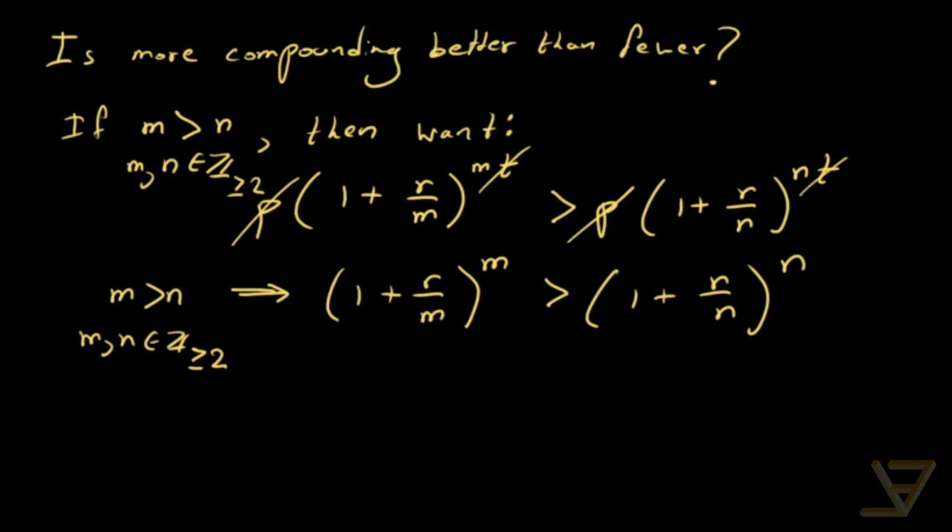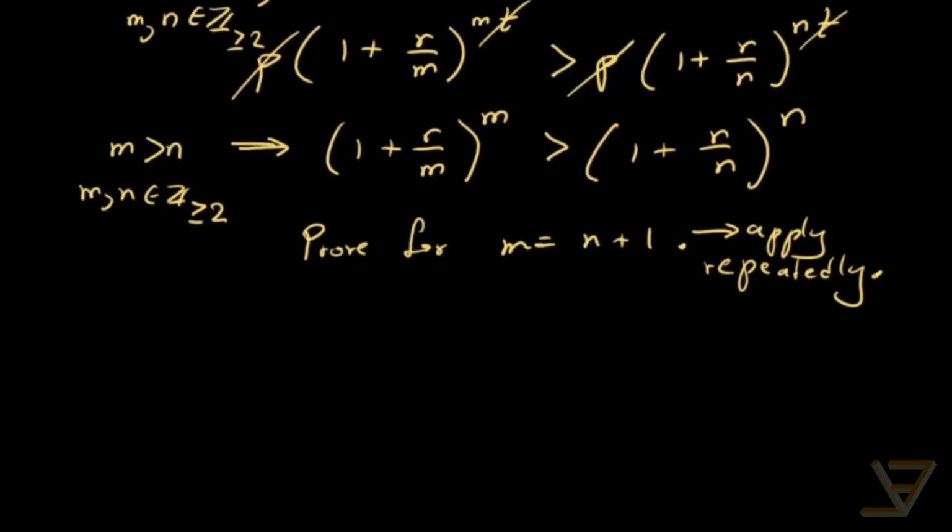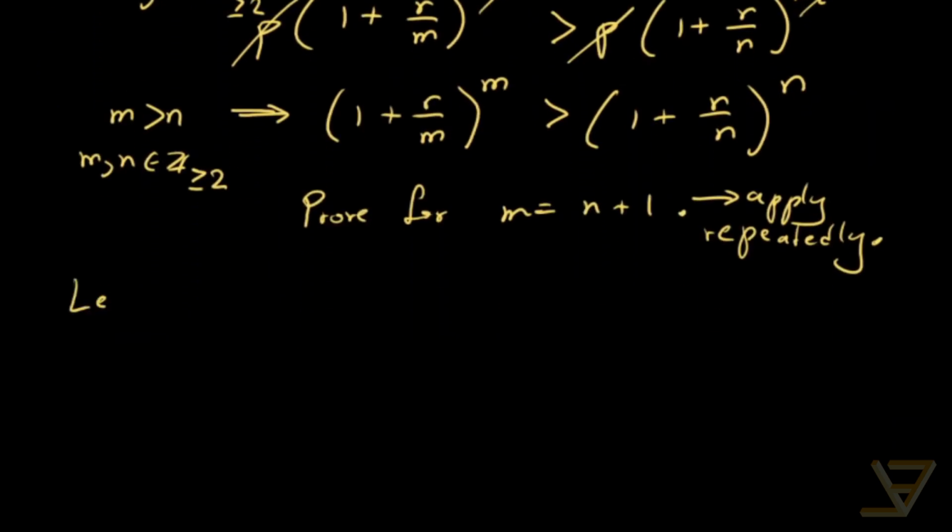What we're going to do is that we're actually going to prove it for m equals n plus 1, and that's going to mean we can apply it repeatedly. So let me show you what I mean.